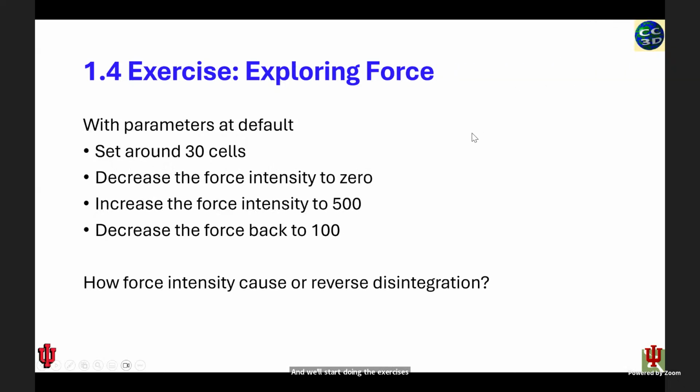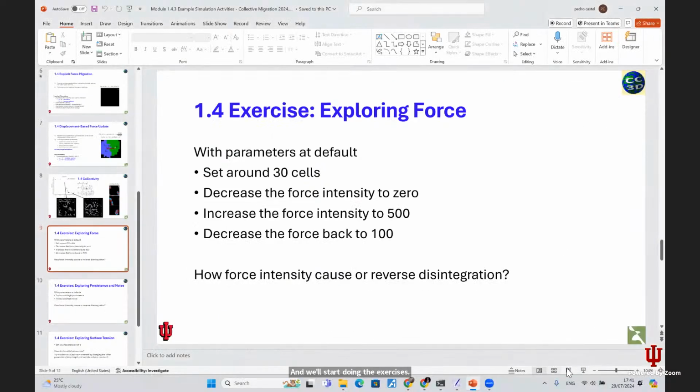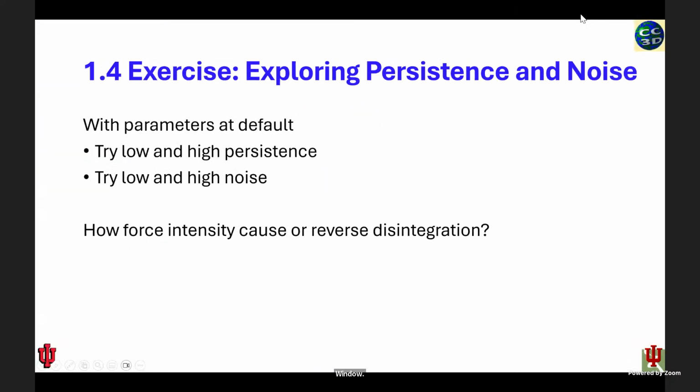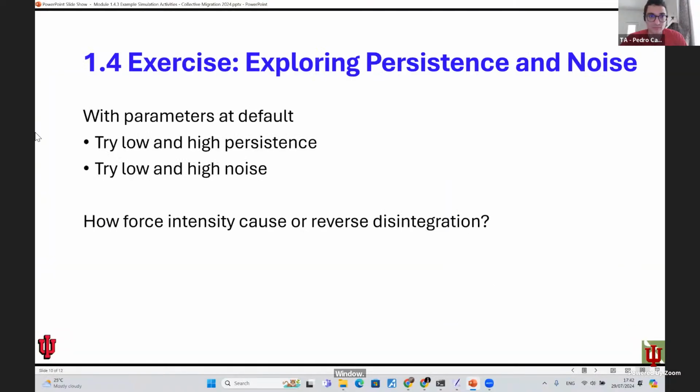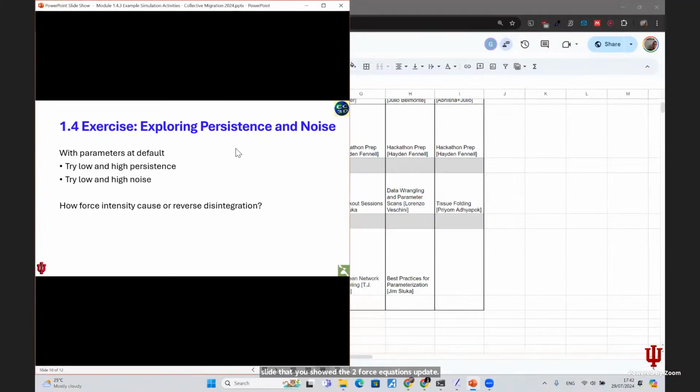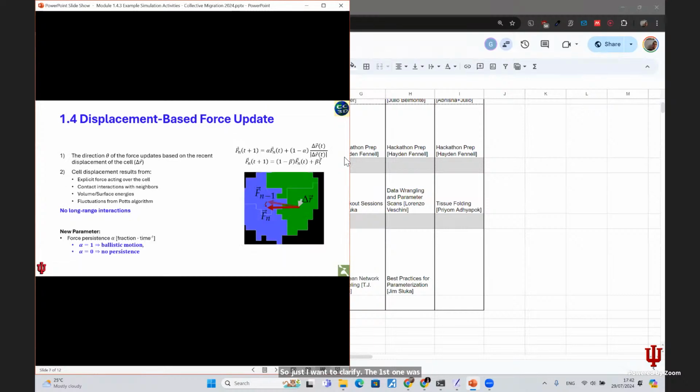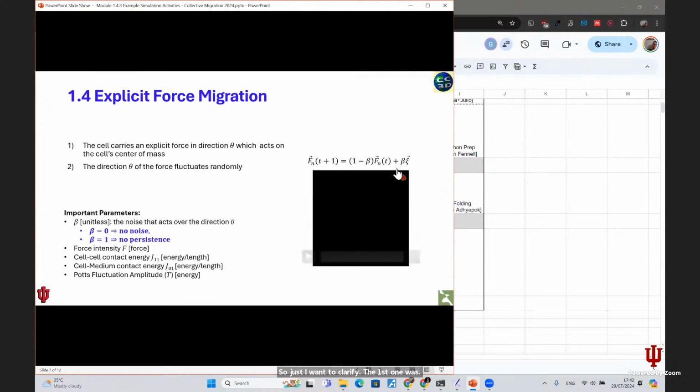I have a question. On the force slide that you showed, the two force update equations, I just want to clarify: the first one was with the alpha parameter, it just decides the update of the direction of the force, and the beta parameter decides the magnitude of the force? No, the beta parameter doesn't decide the magnitude of the force.